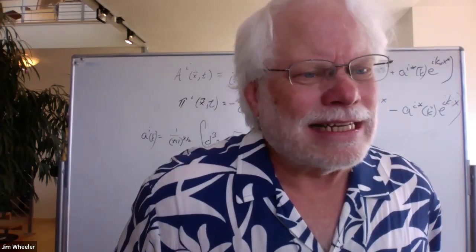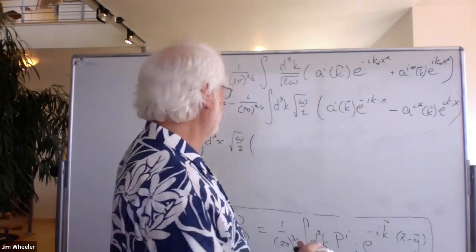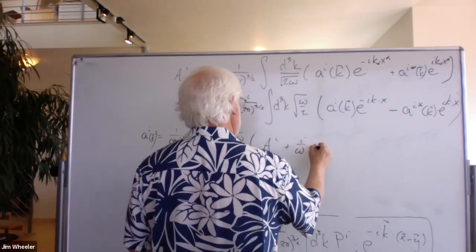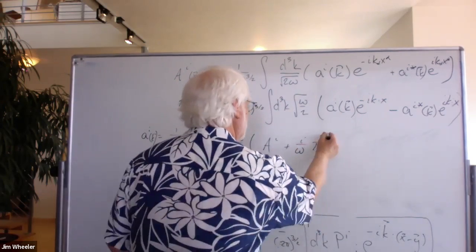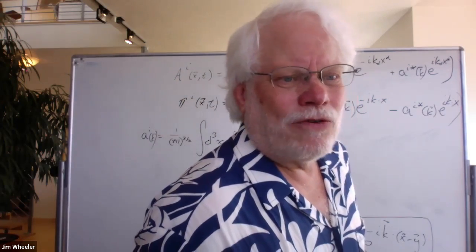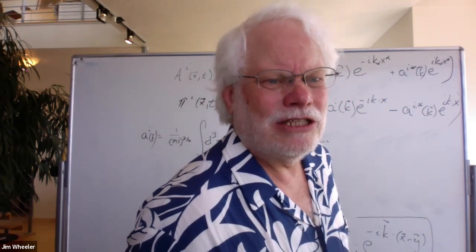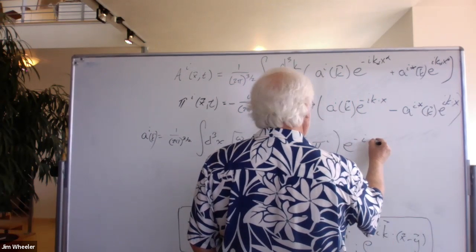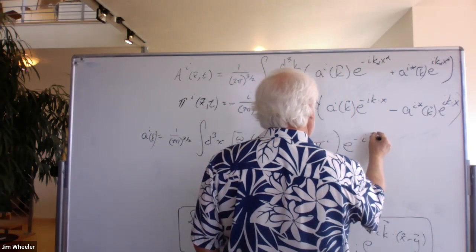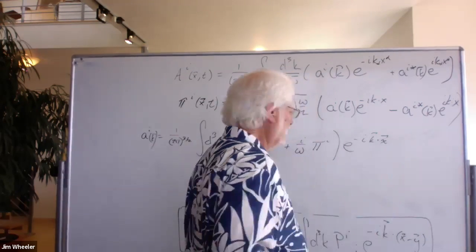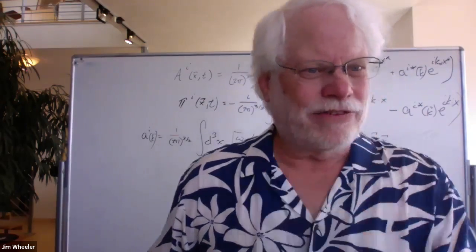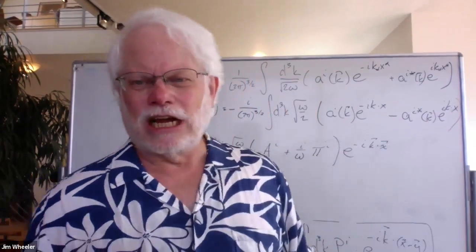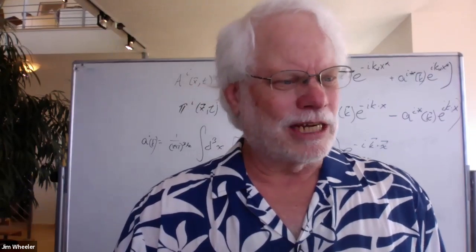And then what is it? A plus I over omega. And a Fourier mode. So these are functions of x and t, and then we get an e to the minus I k dot x. Is this right? Oh, I wrote it as a of q. Okay, so yeah, and then the complex conjugate of that is the obvious complex conjugate.